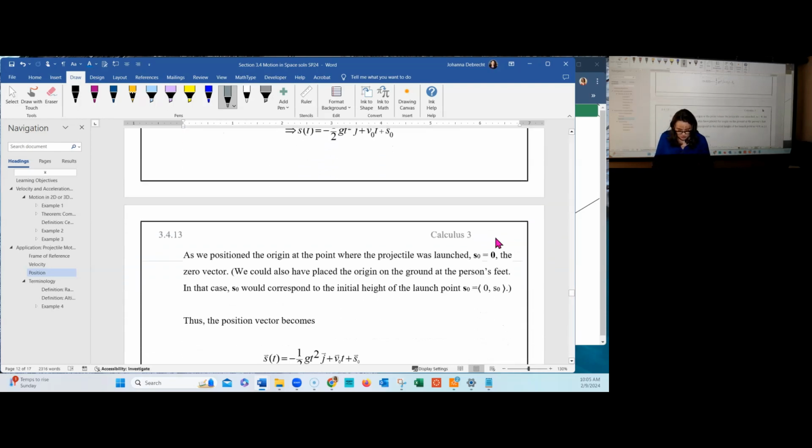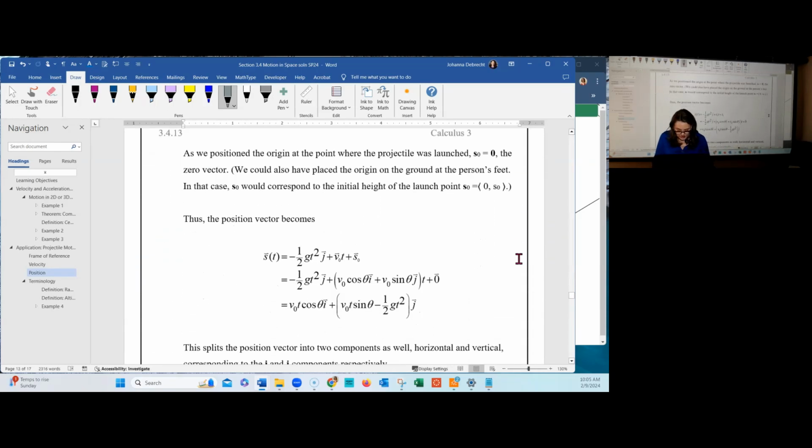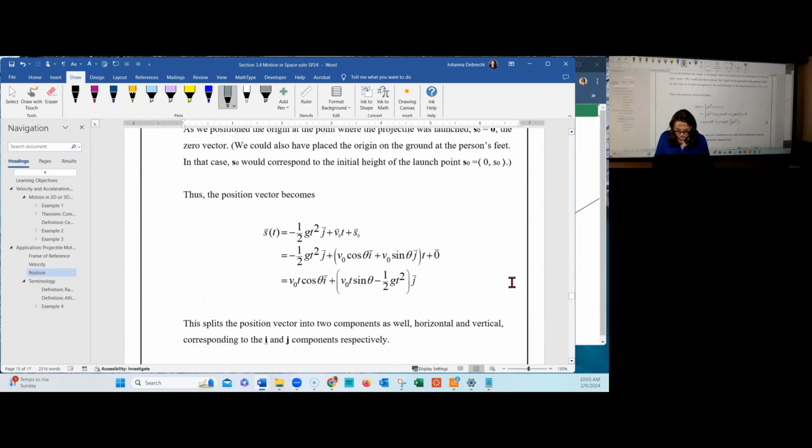Let's now take a look at the position vector by splitting v naught into its two components, one parallel to the x-axis, one parallel to the y-axis, i hat and j hat respectively.